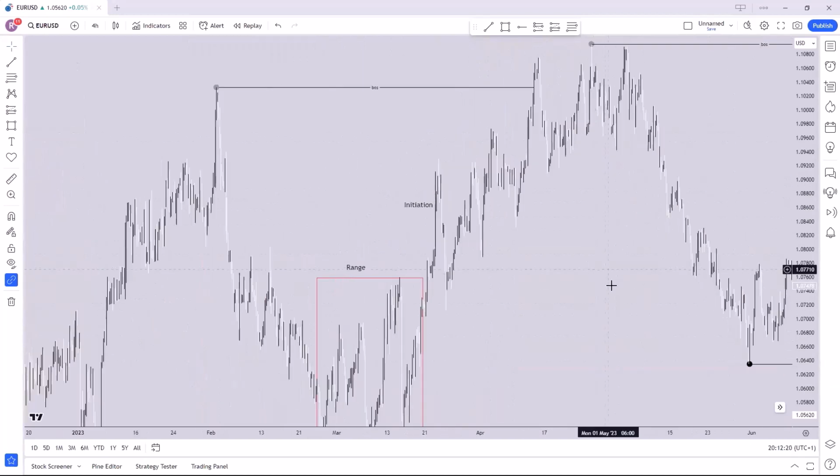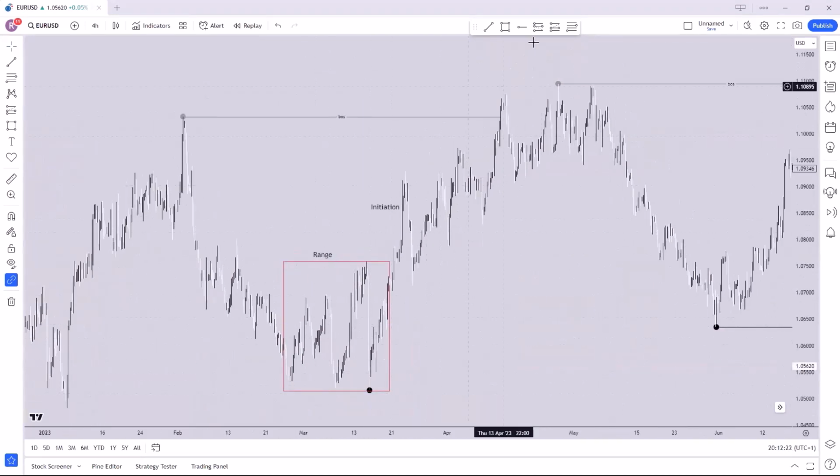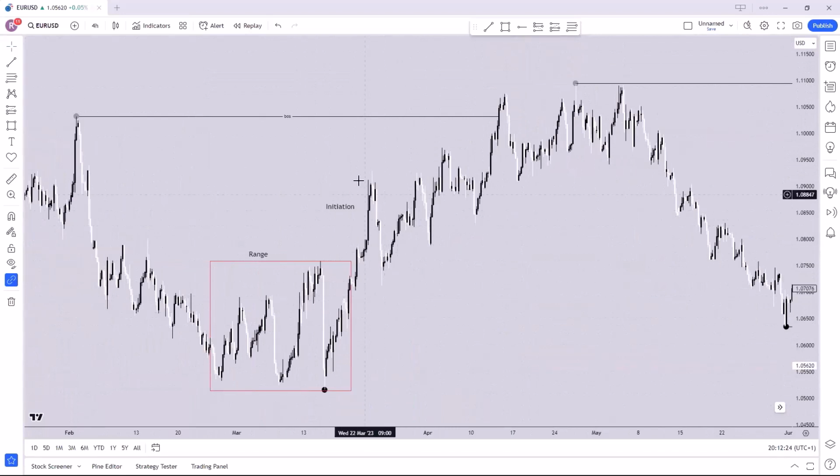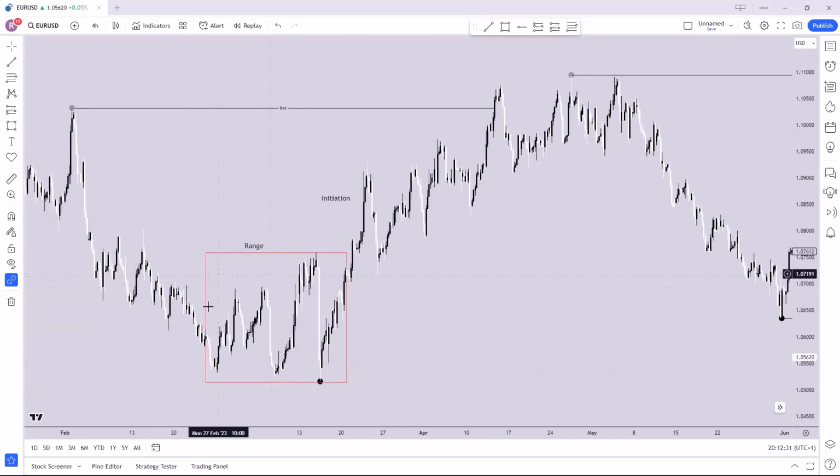This whole push up here is our initiation phase. And I guess you could also say that this area of our demand was actually tapped into, because this whole range here is our demand range. Some people don't look at it that way, but I do, and I will explain why soon. This whole box here for me is our demand range.